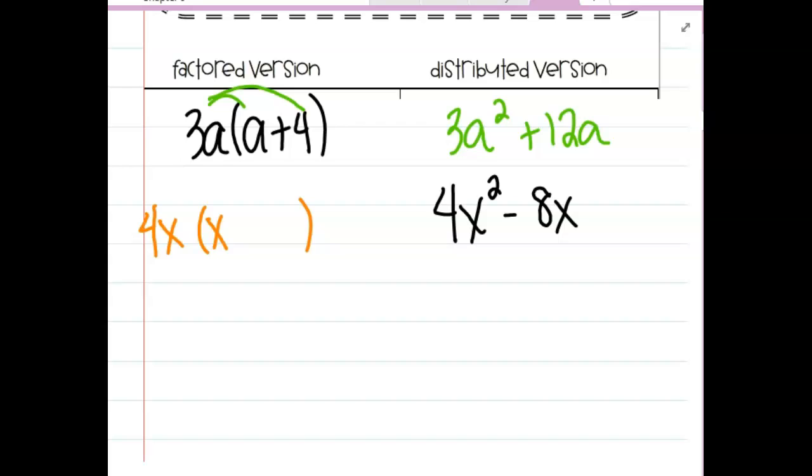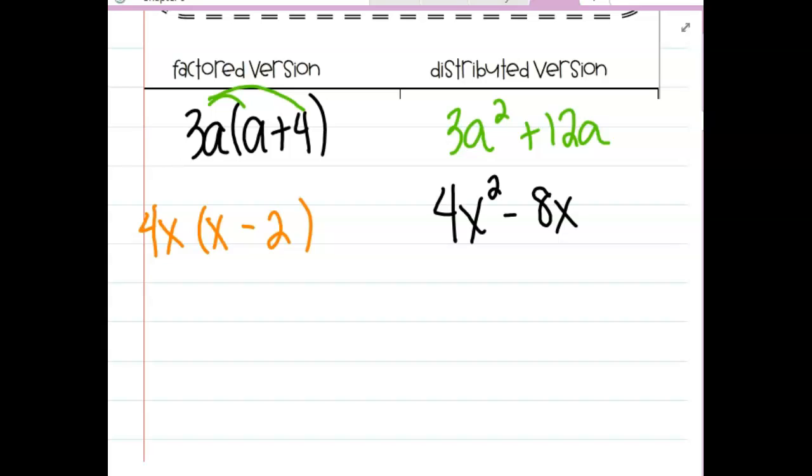And then do the same thing. 4x times what would give me negative 8x? A negative 2. See, 4x times x is 4x squared. 4x times minus 2 is a negative 8x. That's the second part of what we're doing today. Okay, let's do one more of those and then we'll move on to examples for today.